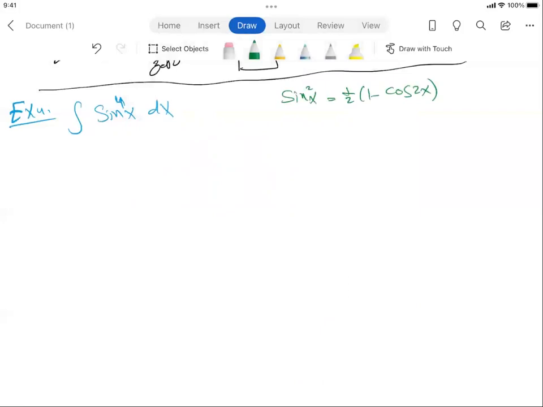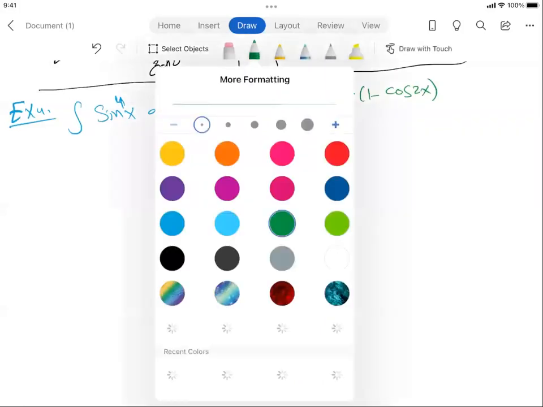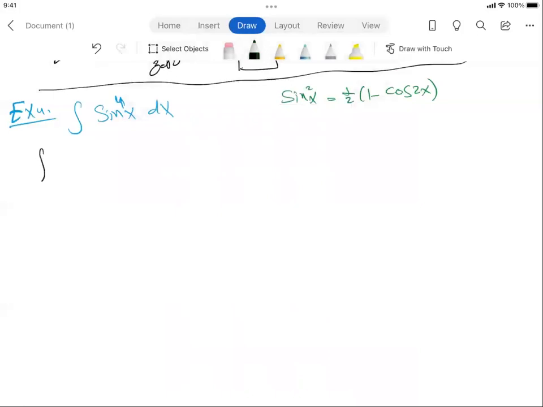So this becomes, let me use a different color as usual, the integral of sine square of x, squared, dx. Then this becomes the integral of 1/2 times 1 minus cosine of 2x, the whole thing squared, dx.